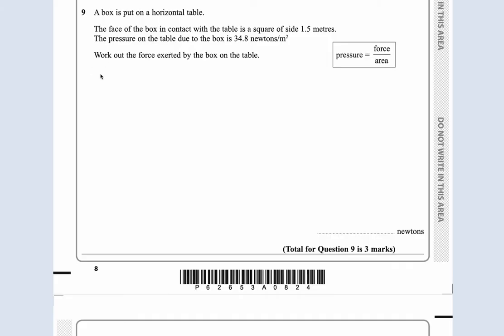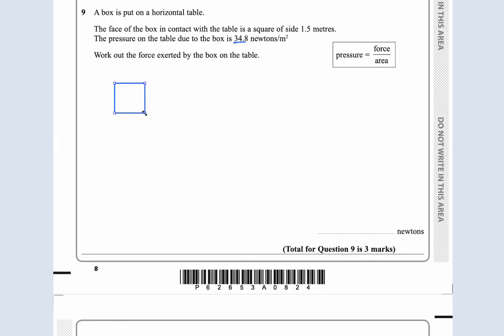Now, we know the pressure. The pressure is this, 34.8. What we don't know is the area, but it says the face of the box in contact with the table is a square of side 1.5 meters. So let's actually draw that.